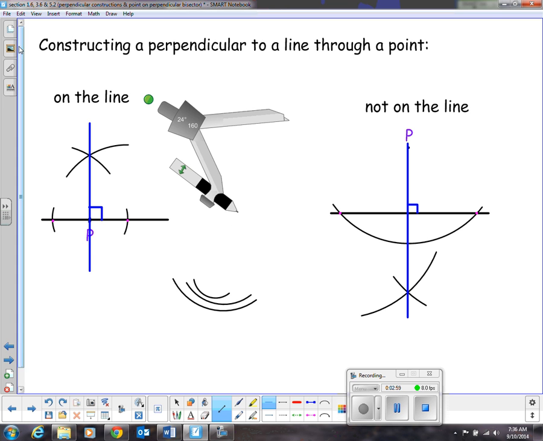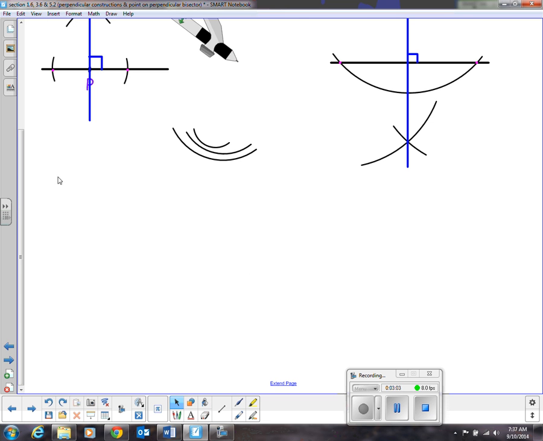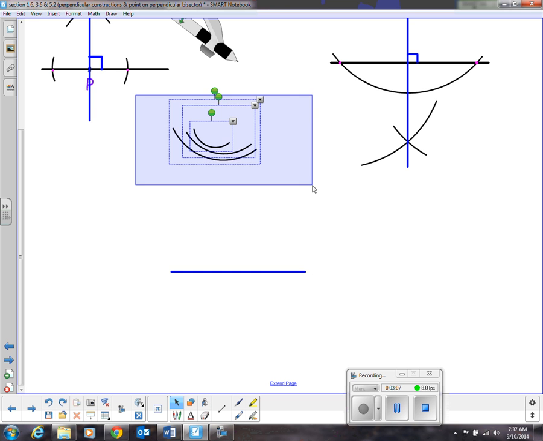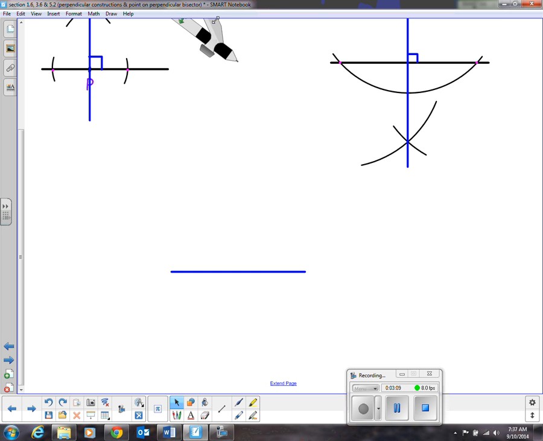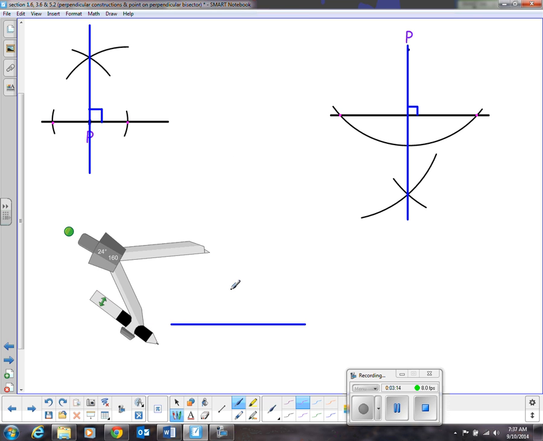All right, let's do this again. Do you see the similarity between the two constructions? Get yourself another segment. Get yourself a point.